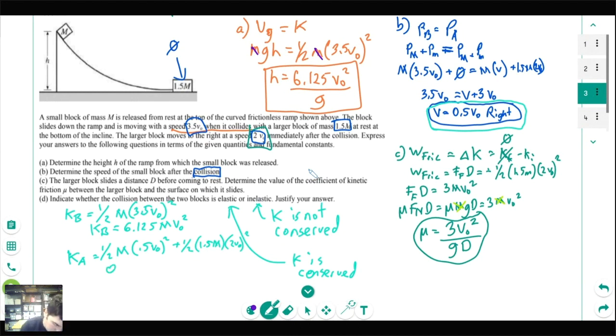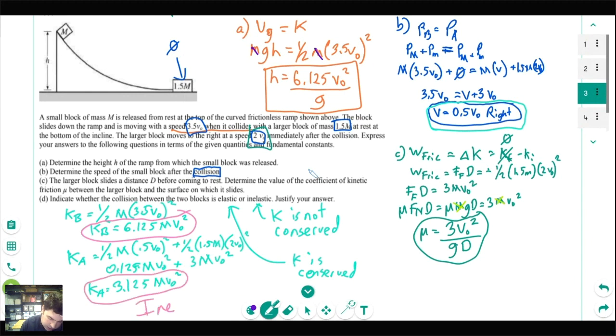It's going to be 0.125 m v naught squared plus, let's see, half of 2 squared is 4, half of 4 is 2, 2 times 1.5 is 3 m v naught squared. So we get 3.125 m v naught squared as our kinetic energy afterwards. Those two things are not the same number, right? This does not equal this, which means this is inelastic.